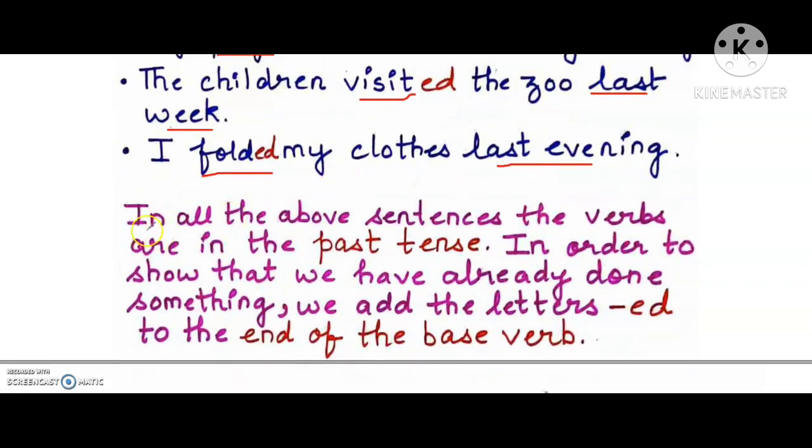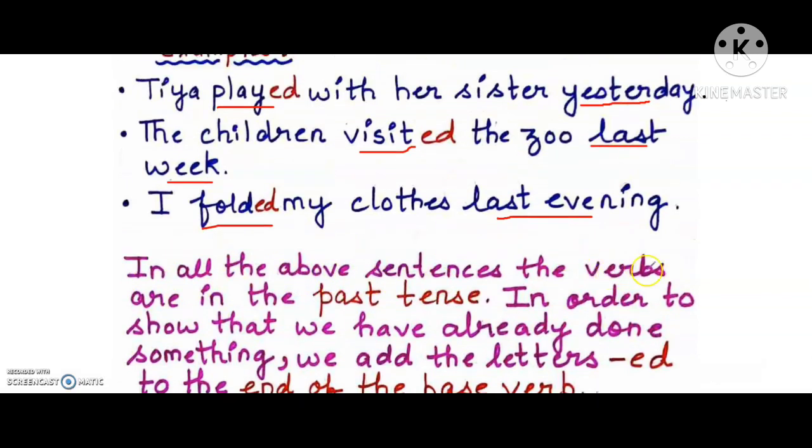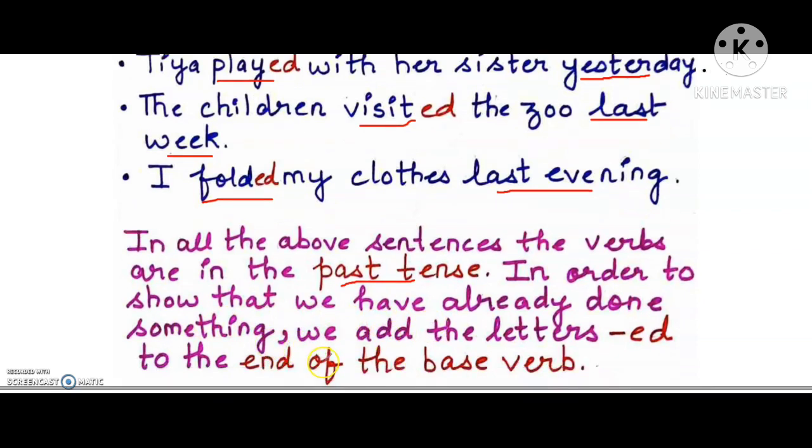Now, in all the above sentences, the verbs are in the past tense. In order to show that we have already done something, what do we do? We add the letters ed. I am repeating, we add the letters ed to the end of the base verb.